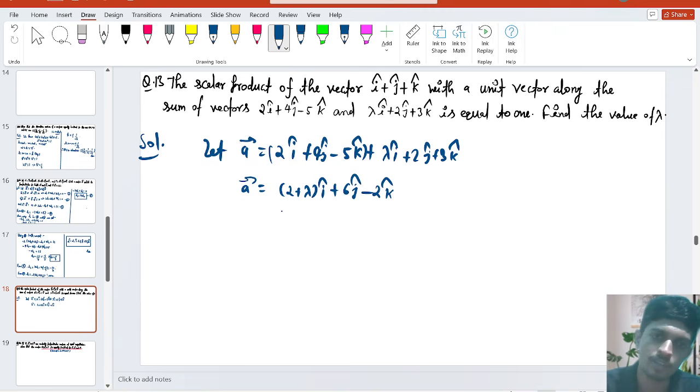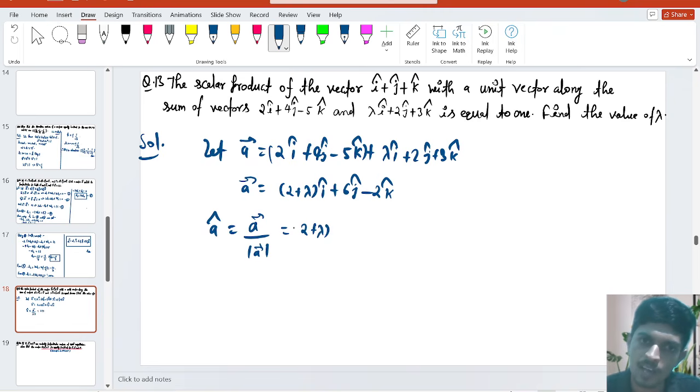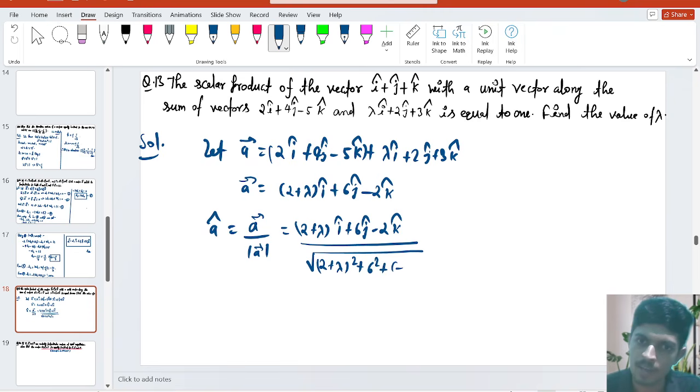So it's a unit vector along the sum. So unit vector is what? Vector A by modulus of vector A. Taking the modulus of this, you get 2 plus lambda i cap plus 6j cap minus 2k cap upon modulus of vector A, which is the square root of 2 plus lambda whole square plus 6 whole square plus minus 2 whole square.